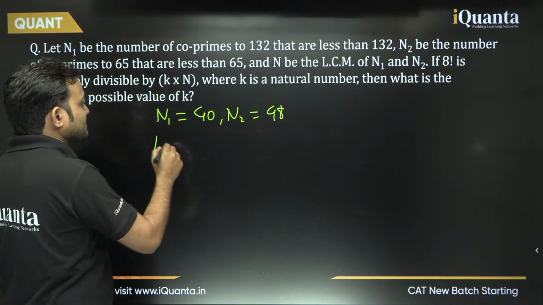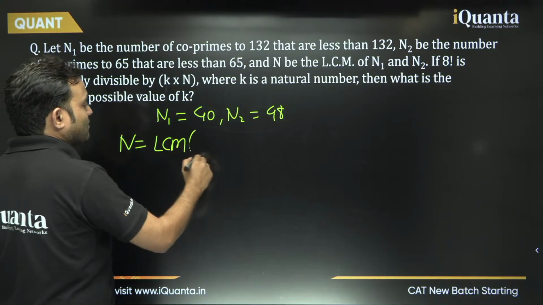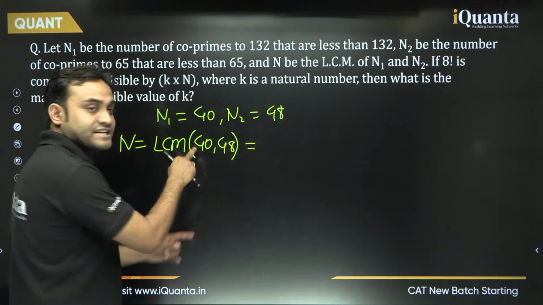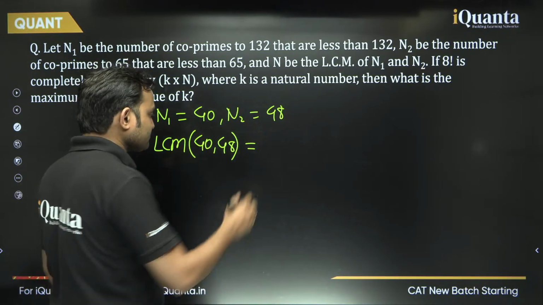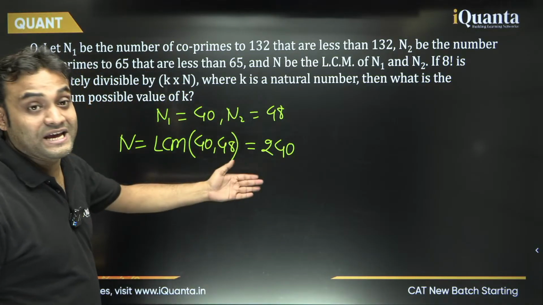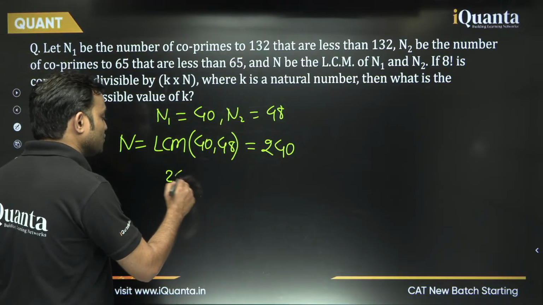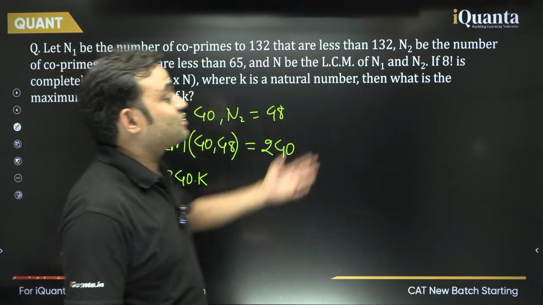What can we say about the LCM? n will be equal to LCM of 40 and 48. This is 8 into 5, this is 8 into 6. LCM will be 240. So n is 240, and 240 into k is a factor of 8 factorial.